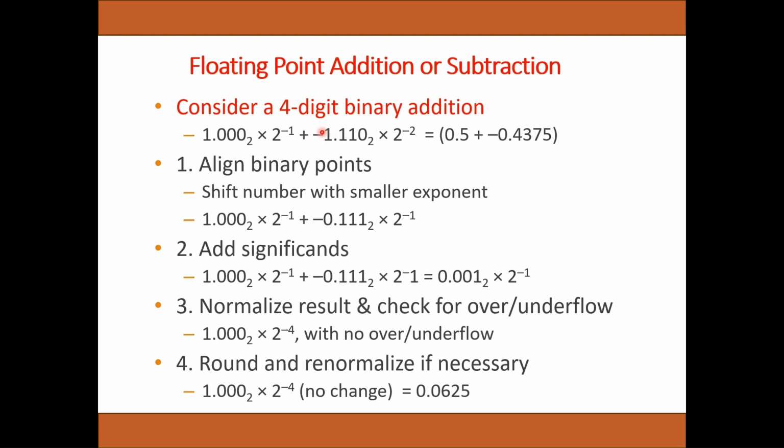This binary point will come in front, so the binary point is going to the left hand side. Because you made this significant part smaller, you are adjusting the exponent, decreasing the exponent. Now both the numbers have the same exponent. So the first step was to align binary points.